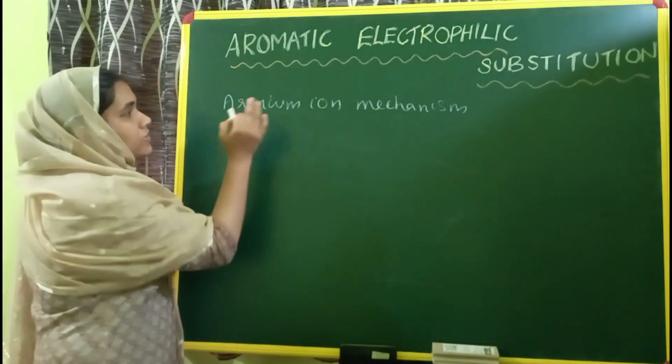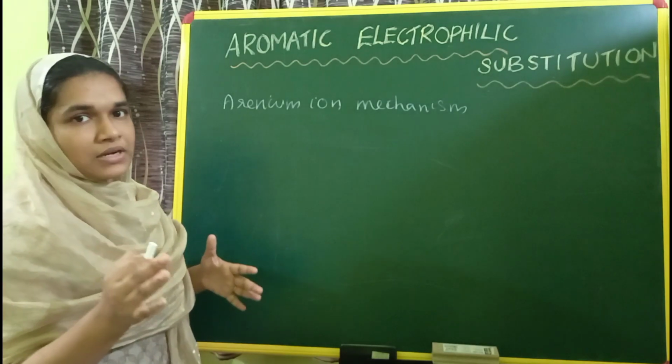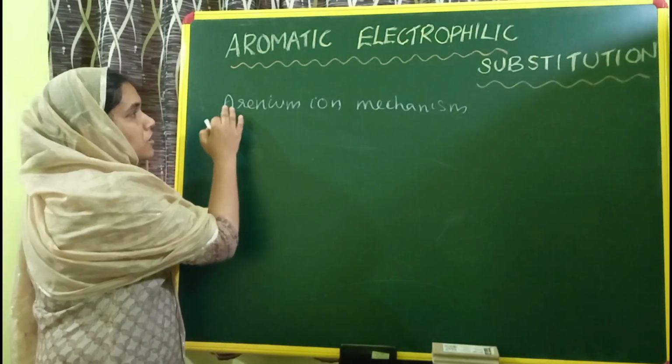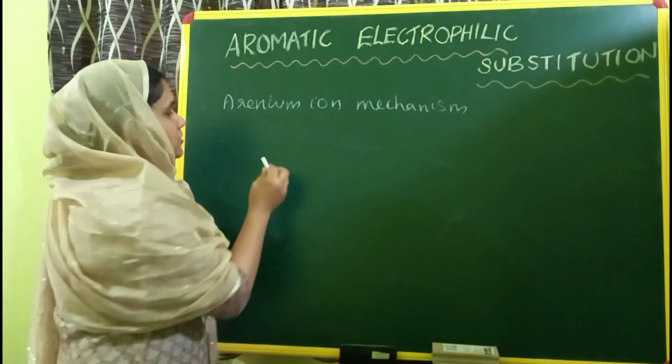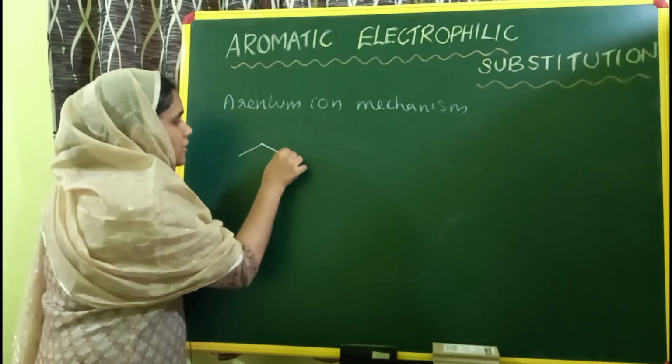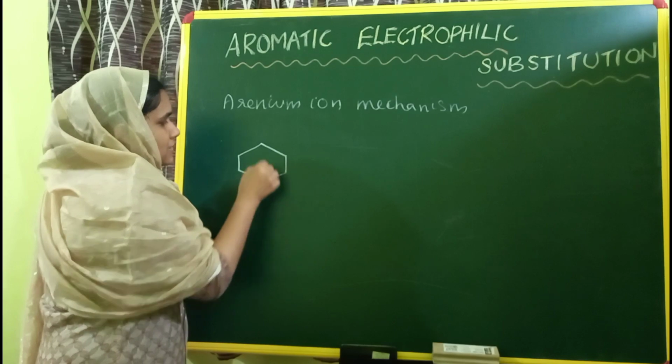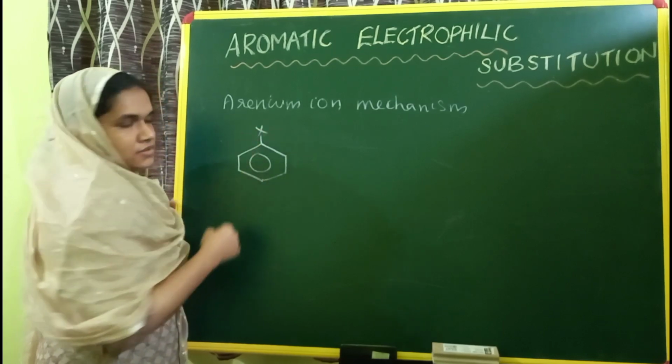So the first step is always the formation of the electrophile. Then it involves our aromatic system; here our substrate is this one, X.